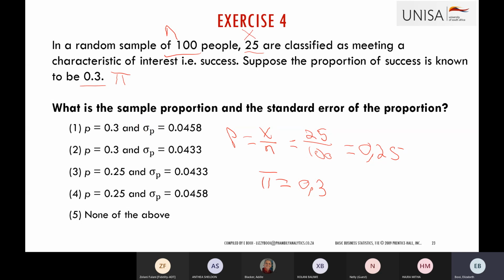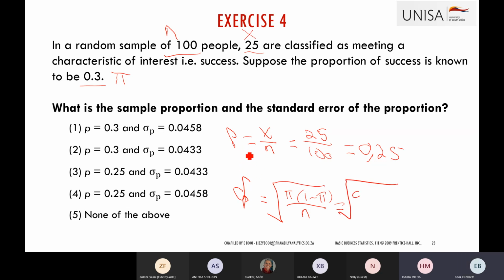So we need to find the standard error. So our standard error, with pi 0.3, is the square root of pi times 1 minus pi divided by N. Do the calculation. 0.0458.